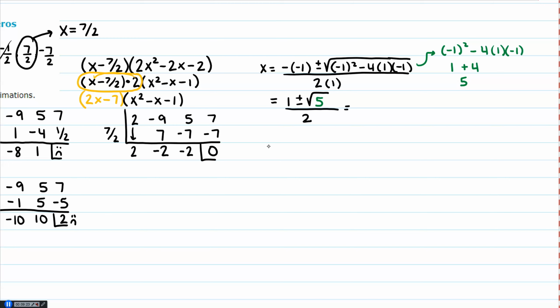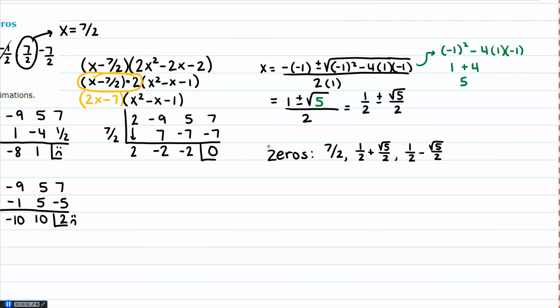You can write that as 1/2 plus or minus radical 5 over 2. You want to make sure that the 2 is going under both pieces. So, okay, our zeros are going to be 7/2, 1/2 plus radical 5 over 2, and 1/2 minus radical 5 over 2.